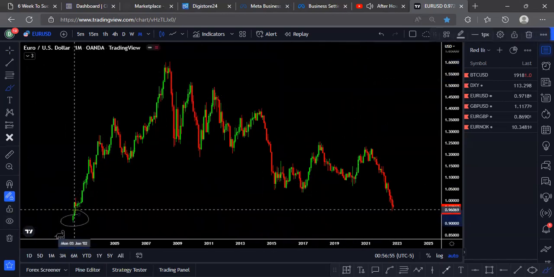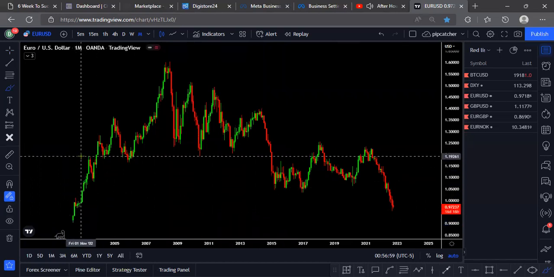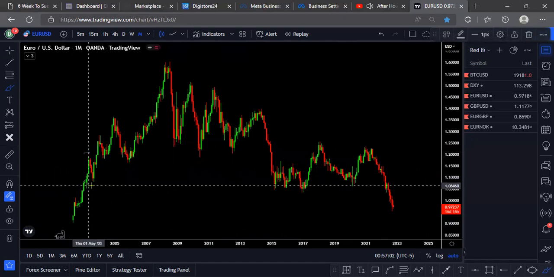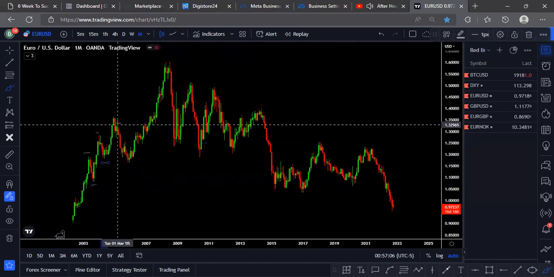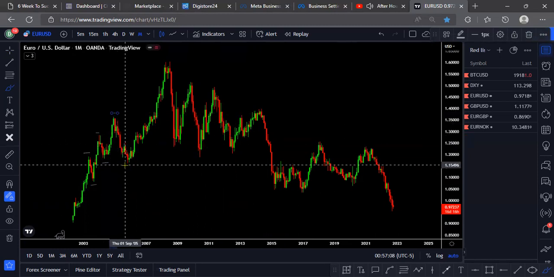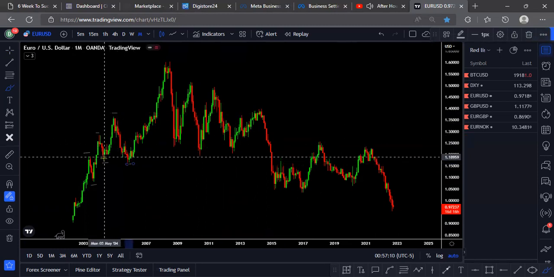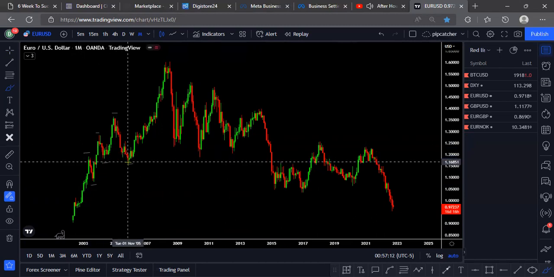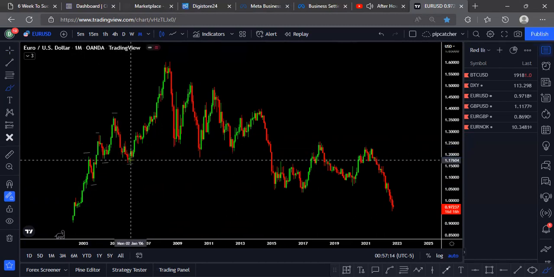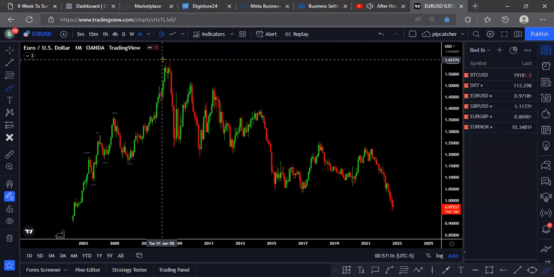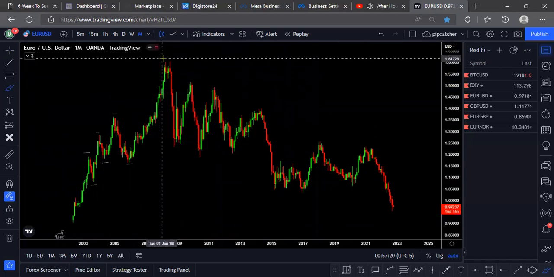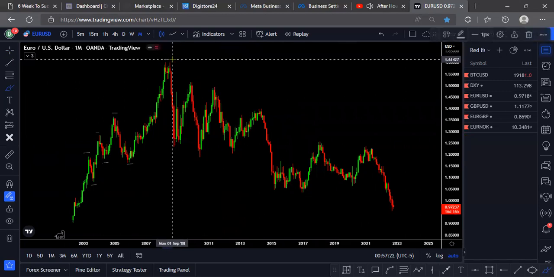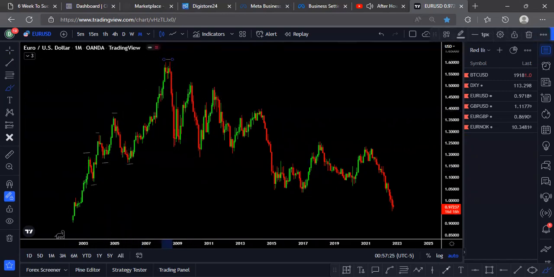So, start of the chart here on Euro USD. We see a high, a low, a high, a low, right, and then a higher high, and then we get just a minor low, but then a huge push to the upside here, right?